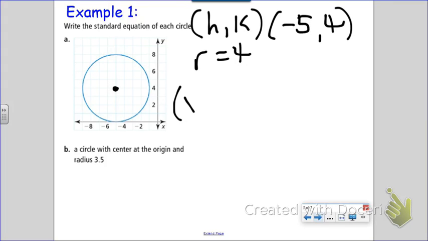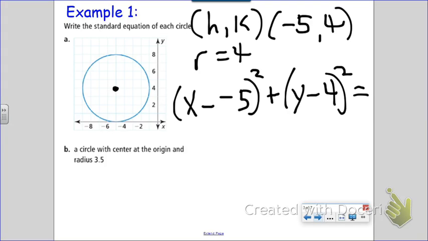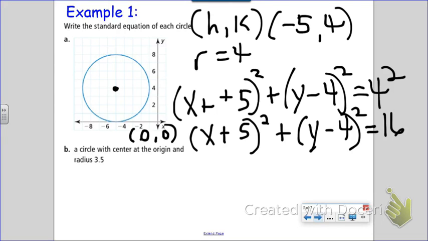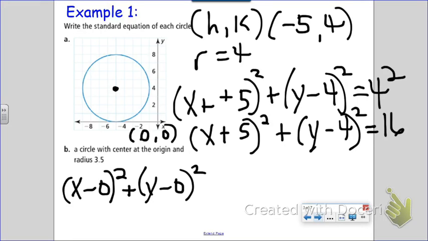Our equation is (x - h)² + (y - k)² = r². (x + 5)² + (y - 4)² = 16. And our next one, center's at (0, 0), and radius is 3.5. So (x - 0)² + (y - 0)² = 3.5².